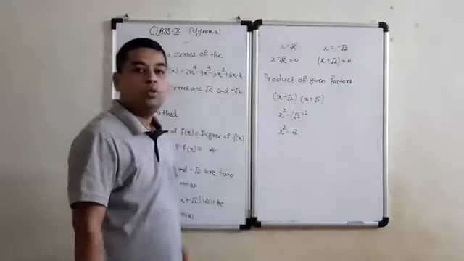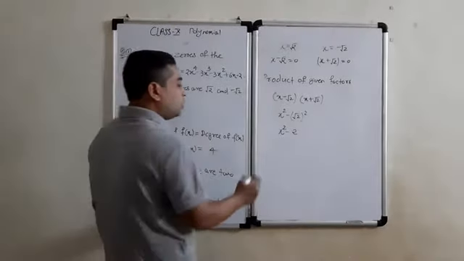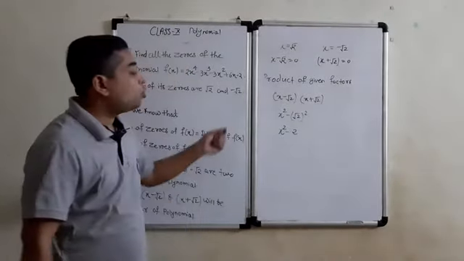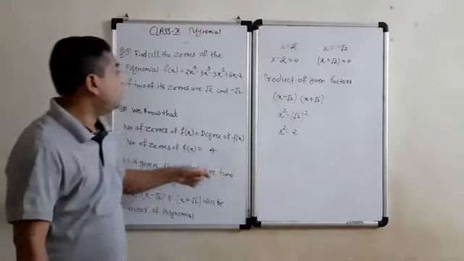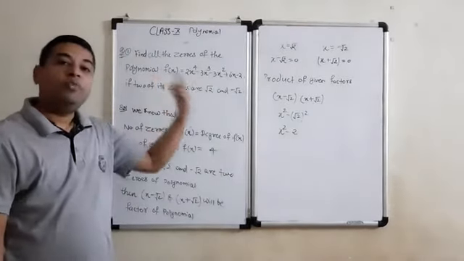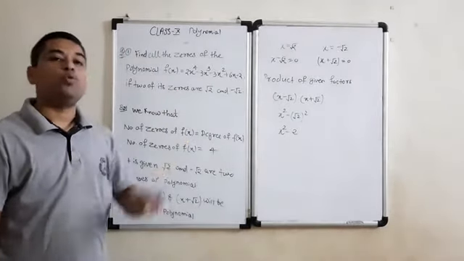It is the product of the given two factors. So what we will do, with the product of the given two factors, if we divide the given polynomial, we will get the product of the remaining two factors.